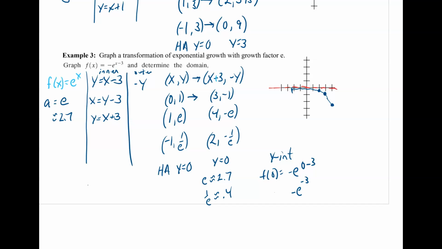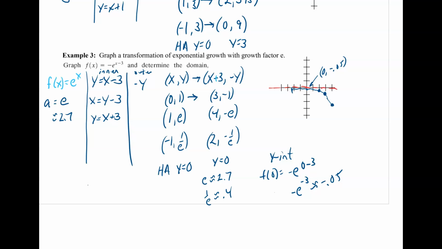To find the e button, I can just push the negative and then the e to the, and then it's going to go to the negative 3. So negative e to the negative 3, and I'm looking at negative 0.05. Well, it's pretty small. So it's approximately negative 0.05. Pretty hard to estimate that on the graph like this, but that's what it is. So this point right here is 0, negative 0.05. That's rounding to the nearest hundredth.